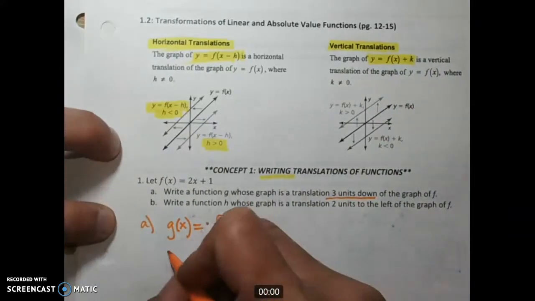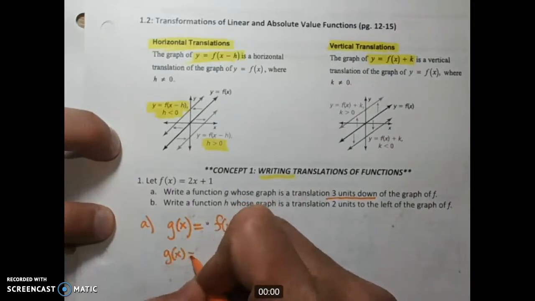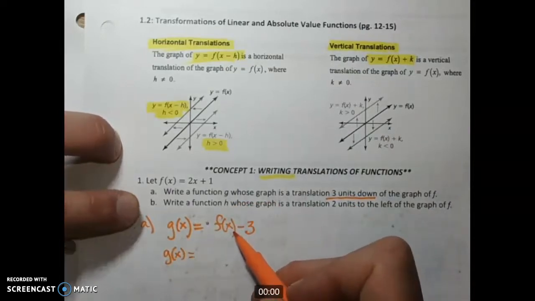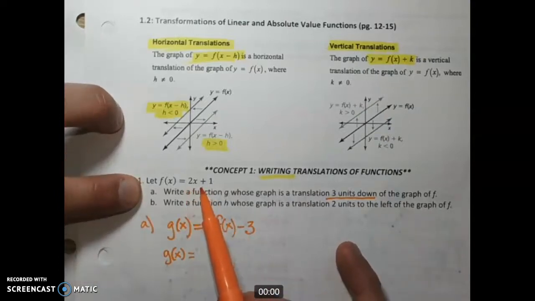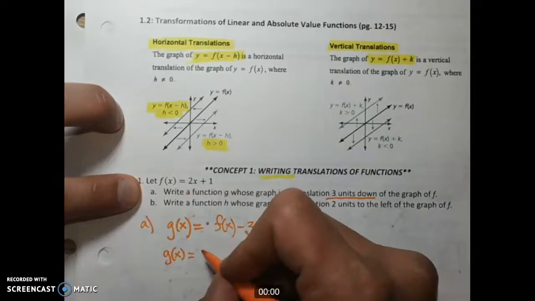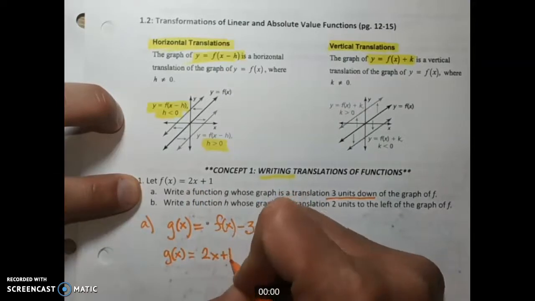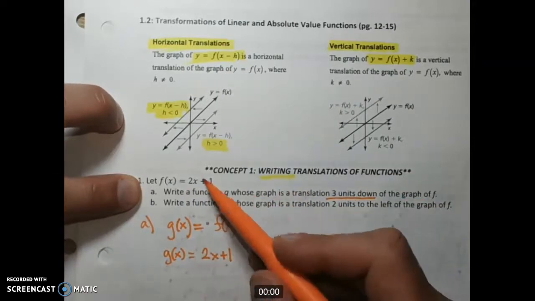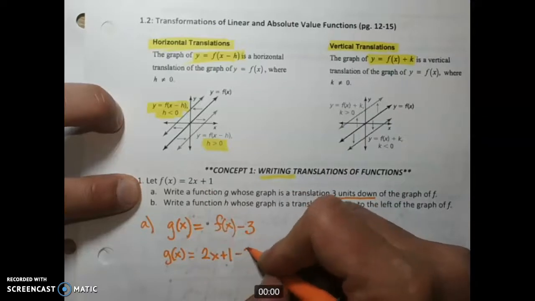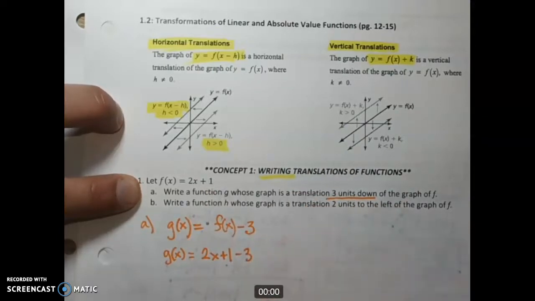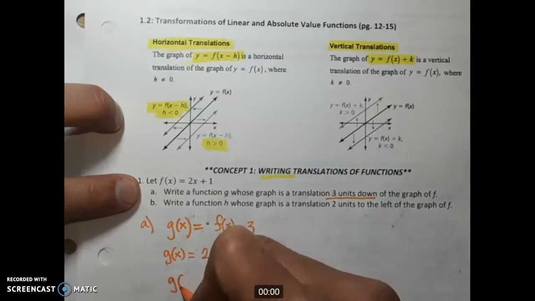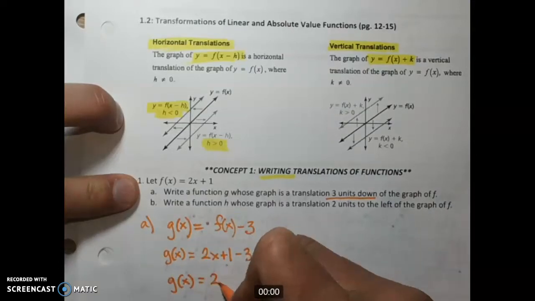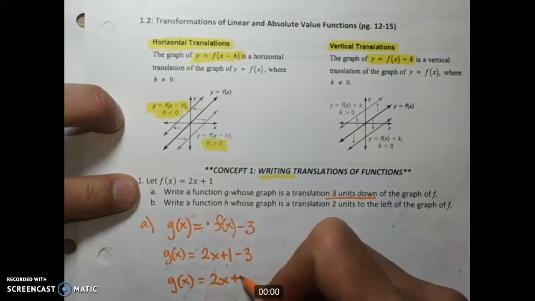Now, I'm going to continue to write g of x equals, and this time I am going to replace f of x with my function that I initially started, f of x equals 2x plus 1. So substitute f of x for 2x plus 1 minus 3. Then just continue to combine like terms, and 2x plus, oh shoot, it's negative 2.